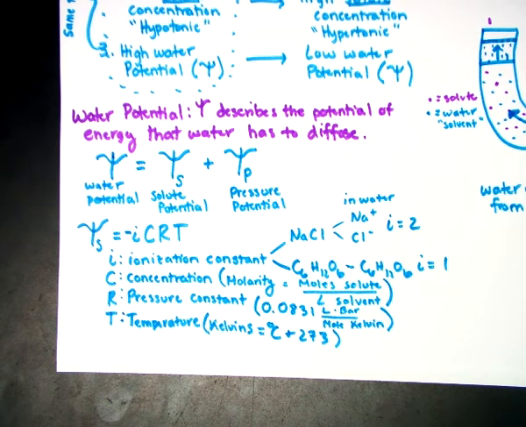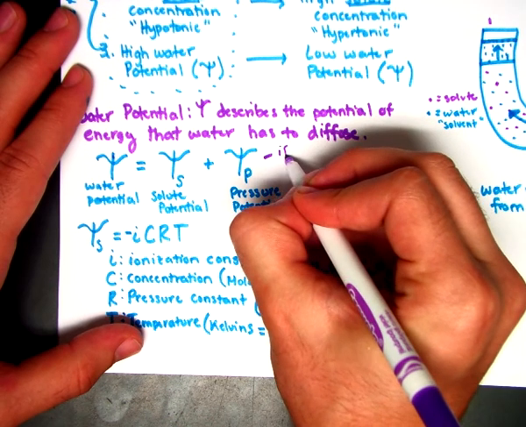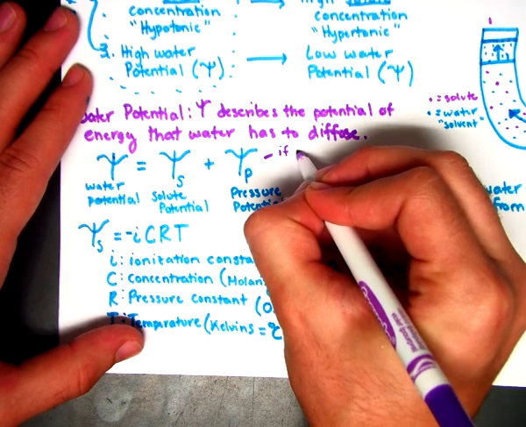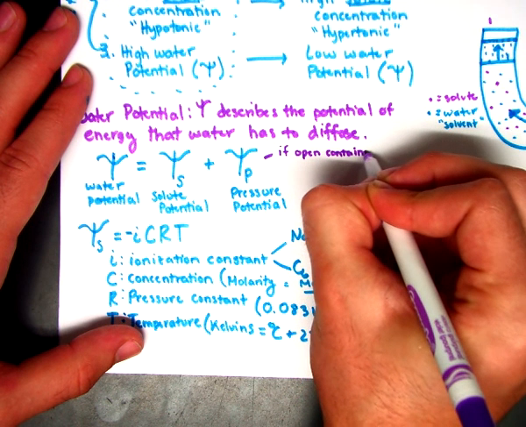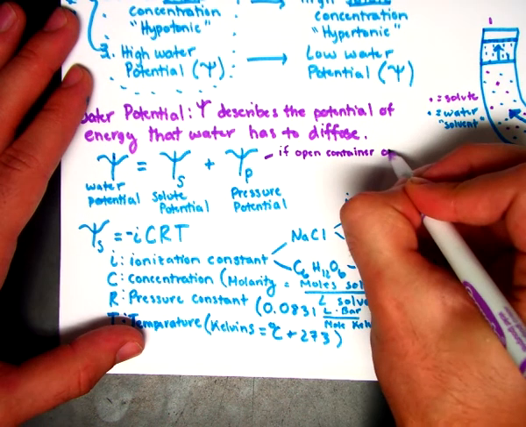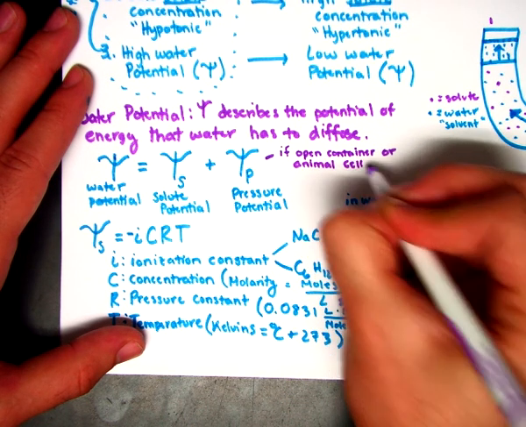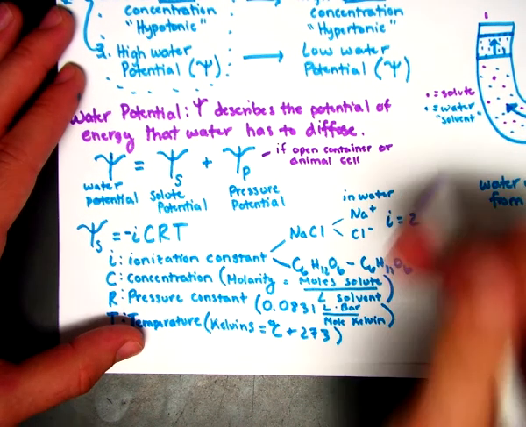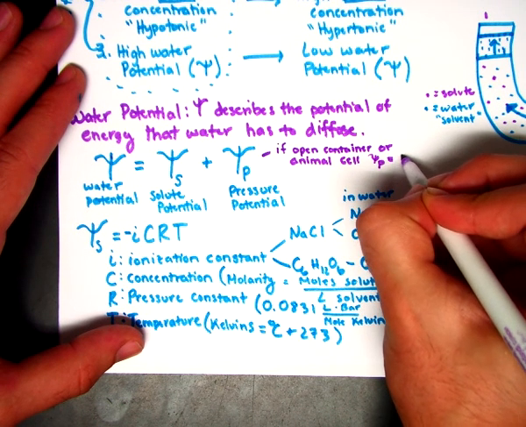A quick note about pressure potential. If you are referring to an open container or an animal cell, psi P will usually be 0.